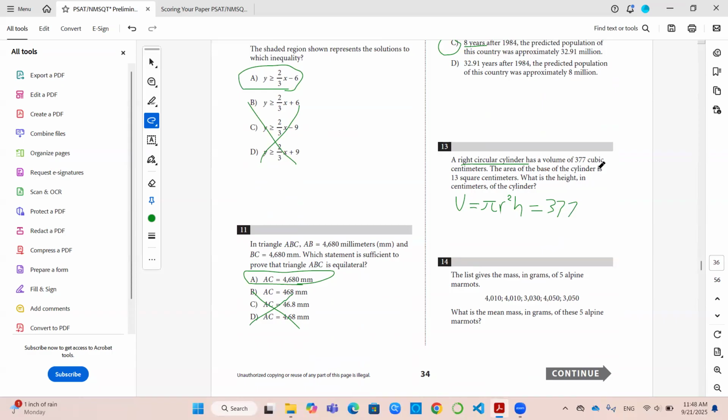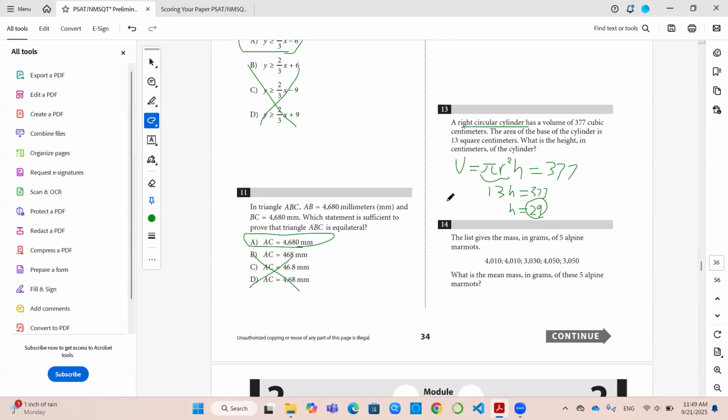The area of the base, pi r squared, is 13. So 13h is equal to 377. If you solve for h, you get an answer of 29. So 29 is the correct answer.